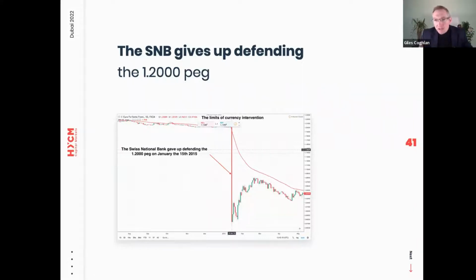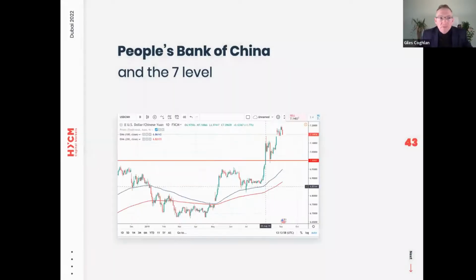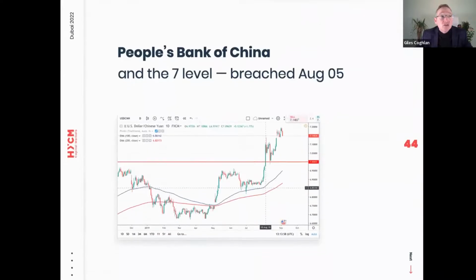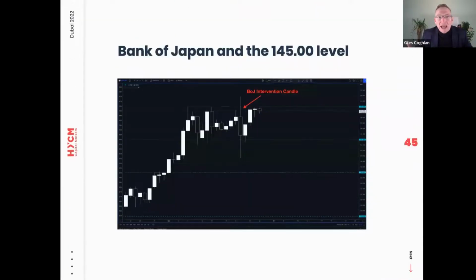The RBNZ have tried it. They failed. The Swiss National Bank tried it and failed spectacularly. The People's Bank of China were mooting trying it. They decided not to, and they would have failed anyway, spectacularly. And you may know one central bank that's kind of toying around with the edges, which is the Bank of Japan.